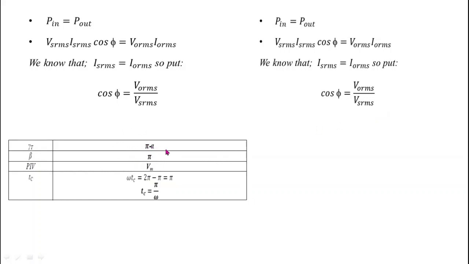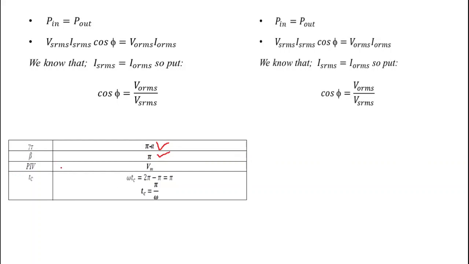That's why the conduction angle of the thyristor is pi minus alpha. Now what is the excitation angle beta? Excitation angle beta is simply equal to pi because we get current up to pi. Beta is the angle up to which we get current, and we get current up to pi, that's why beta is equal to pi.